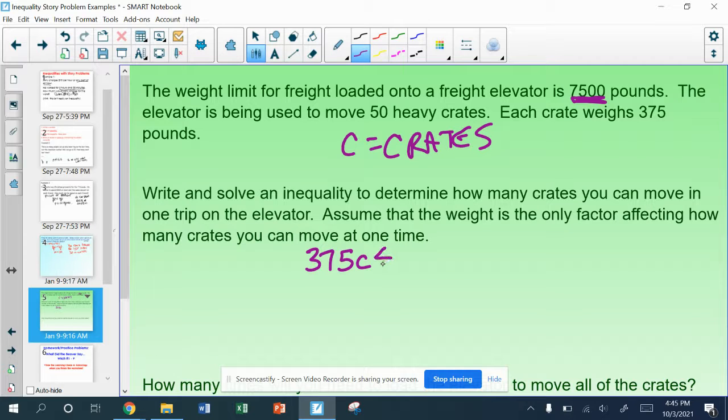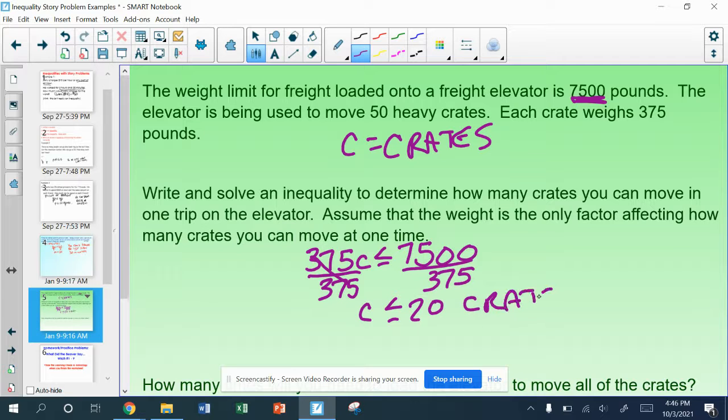So we want to be less than or equal to 7,500, not more than. If it's more than that, then we would have an issue with safety and making sure that the elevator doesn't crash. Now, to solve this, we would divide both sides by 375. And that works out to be 20 crates.